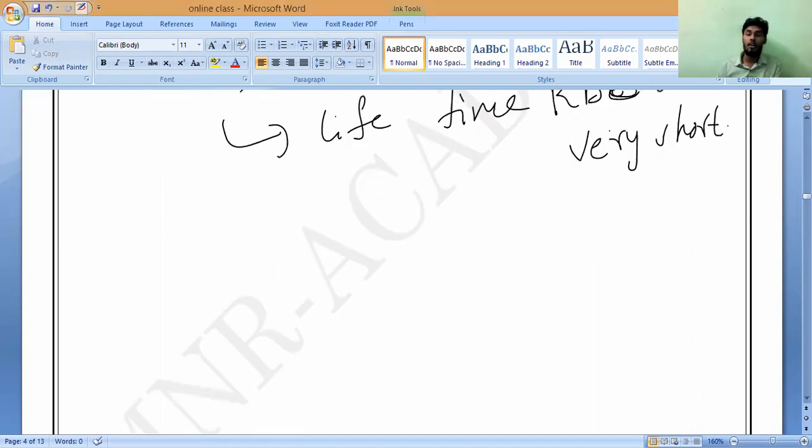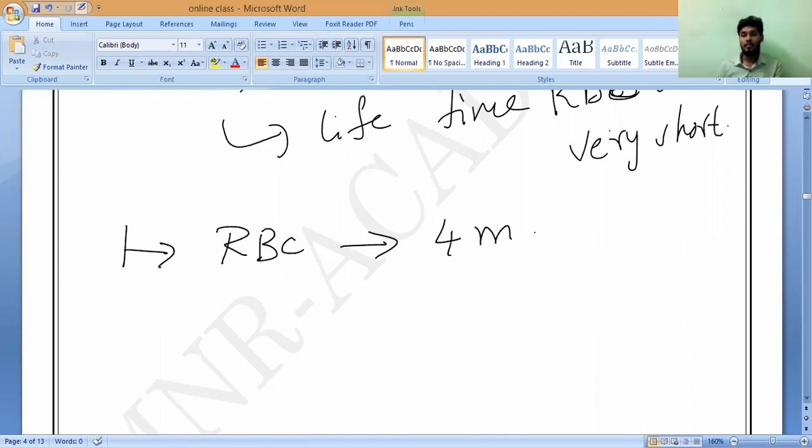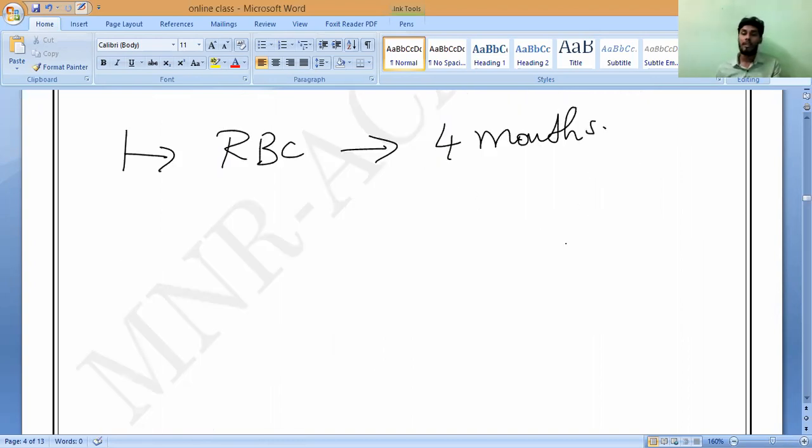It is the most important thing for every general competitive exam, the life of RBC. Each RBC will live a maximum of only 4 months. After 4 months, every RBC will die, and again there is new formation. That is why every day millions of RBCs form and millions of RBCs die. That is what you have to remember.